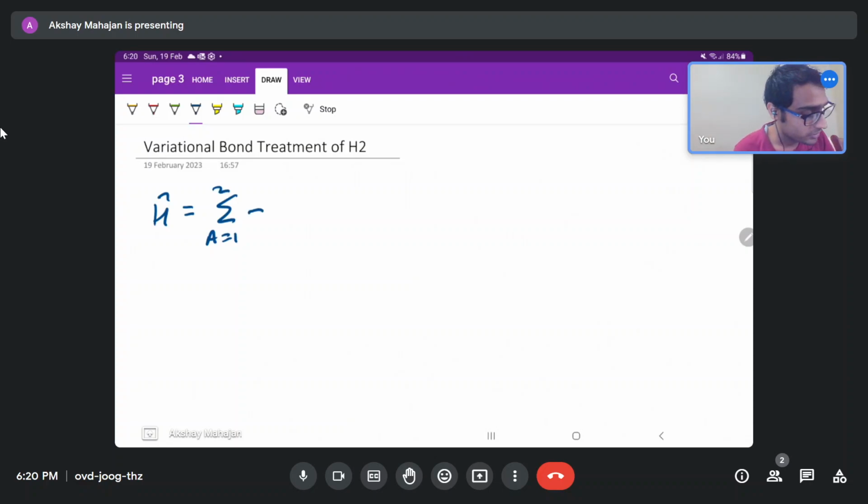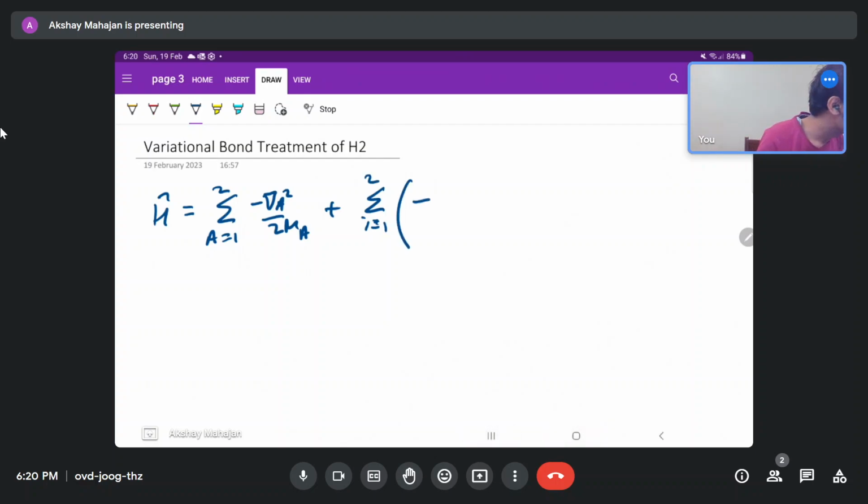So, your Hamiltonian for this H2 molecule will be something like this: summation over i equals 1 to 2 of minus del square by 2 minus summation over A equals 1 to 2 of 1 by r iA.